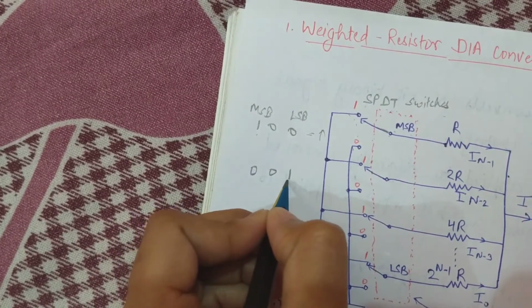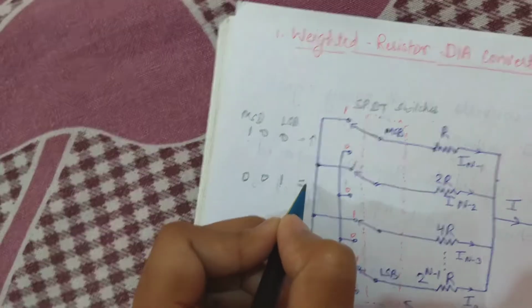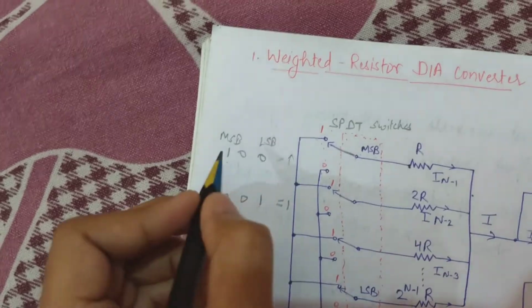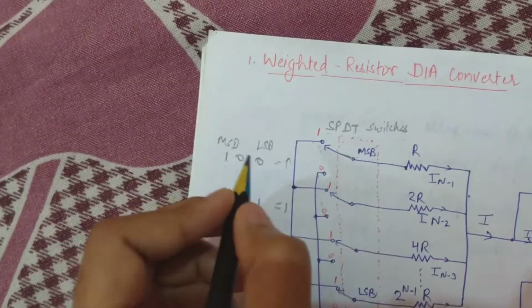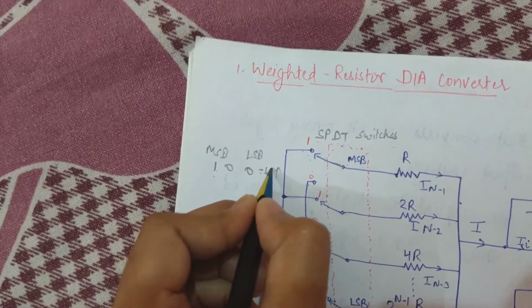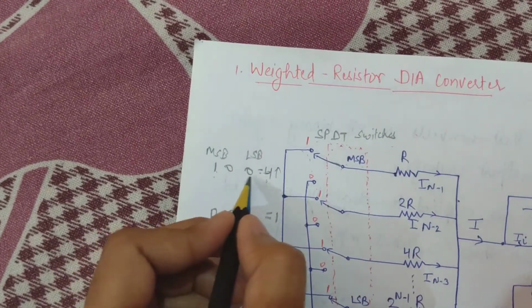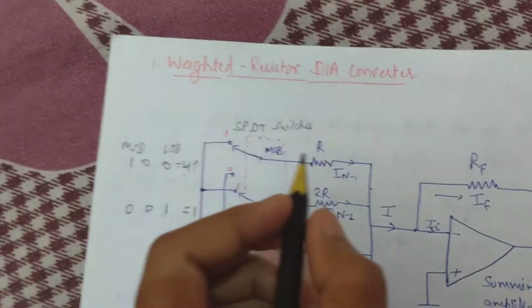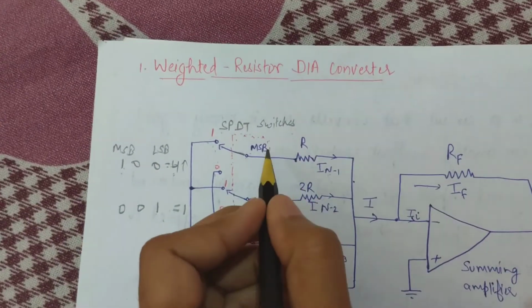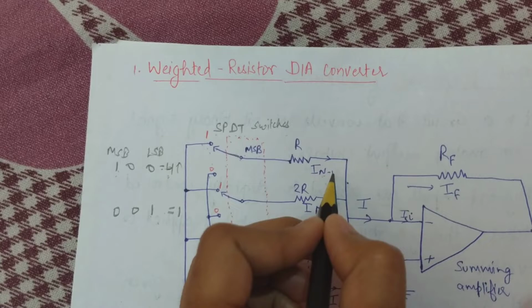If there is 1 at the LSB position, this number is small. This is decimal 1. And if there is 1 at the MSB position, this is decimal 4. So this number is bigger than this number. So for the MSB, it means you require a lot of current. The current for the MSB position should be high as compared to LSB position.